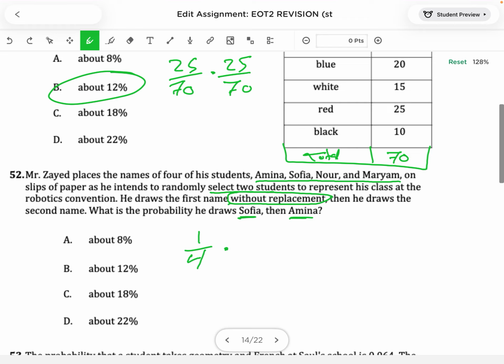Now we select Sofia, so the number of names becomes 3. We need the probability of Amina, and we have only 1 Amina. So 1 over 3 again. 1 over 12, which is 8%.